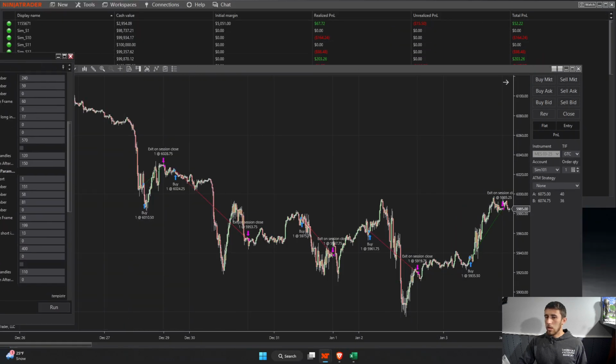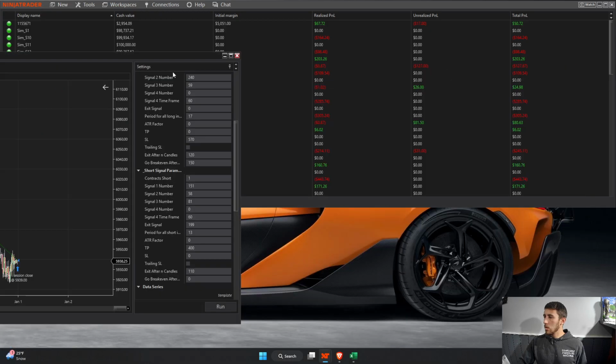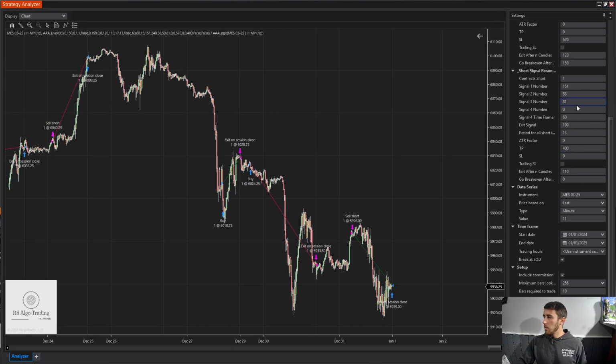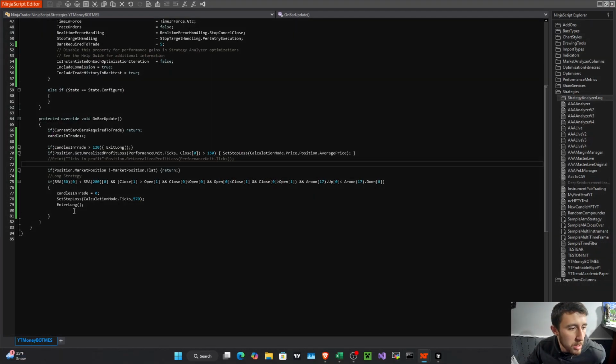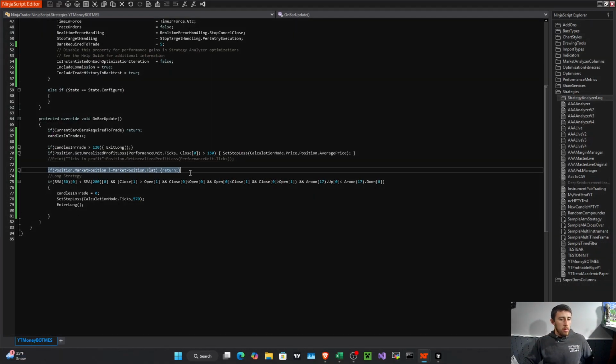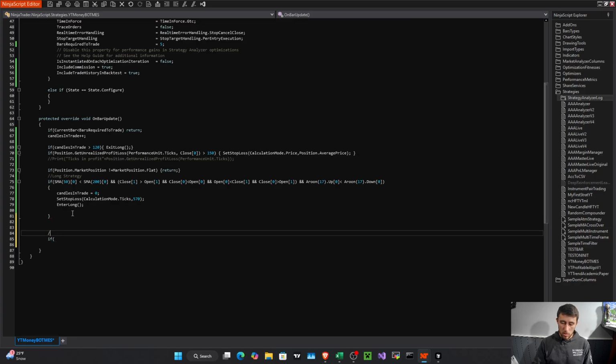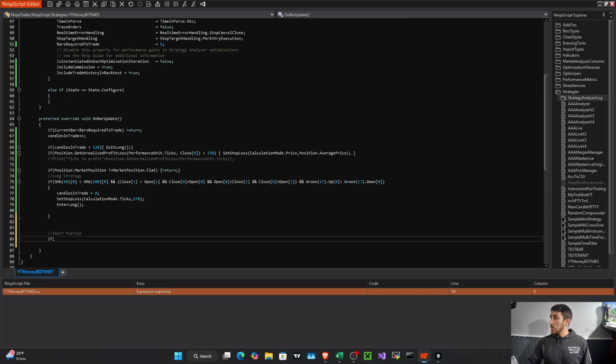So now let's code in the short side. We're going to come back to our code. And now underneath the flat position logic, we're going to do if now we need signal number 1, which is so the hour is greater than 5.